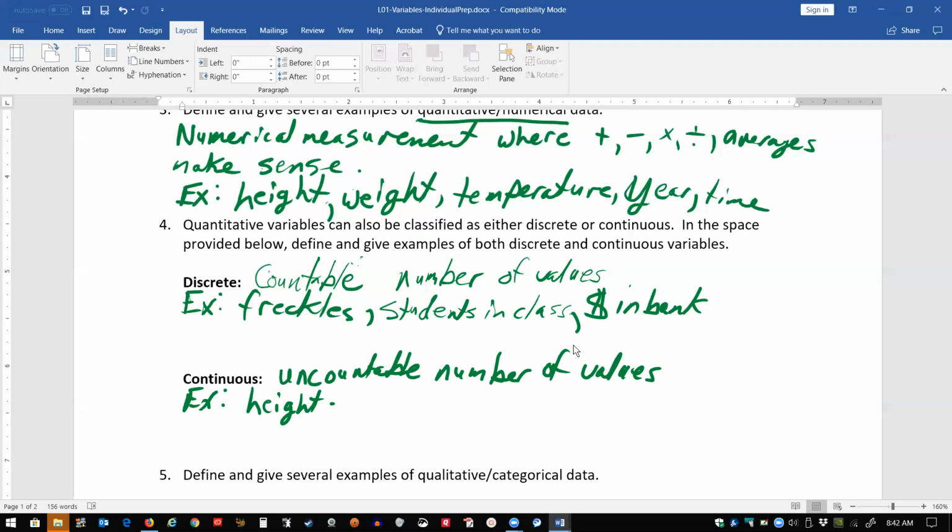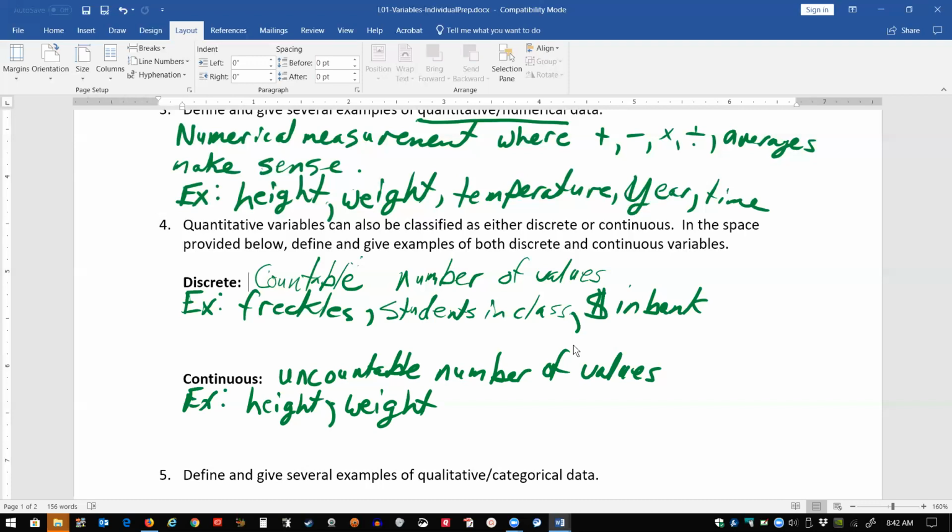The only limitation to the accuracy of the value is whatever tool I'm using to measure it. But theoretically, height could be any amount, even all of those decimal amounts. Weight is another example. It's continuous and uncountable. There's an infinite number of possible weights you can have.